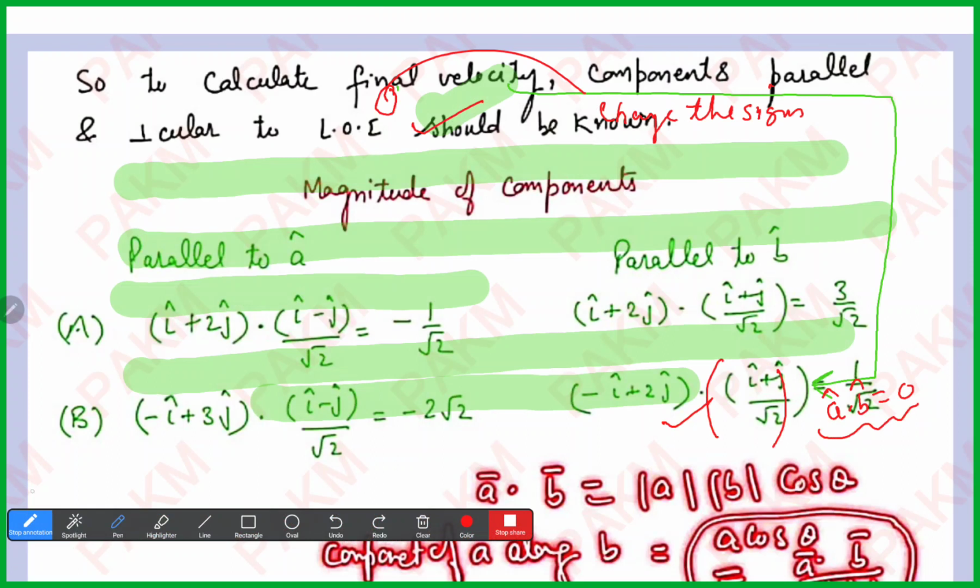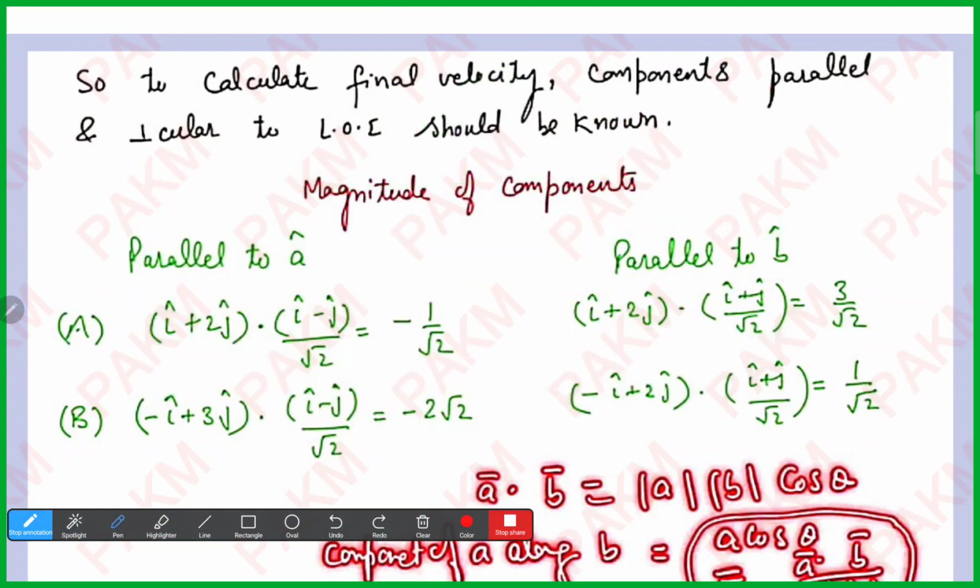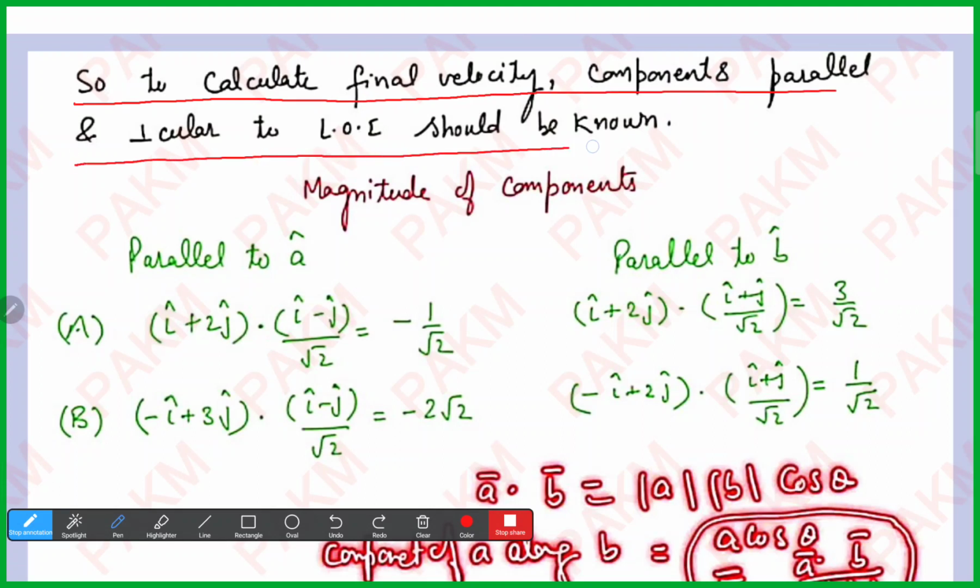Now here what we have done, to calculate the final velocity component parallel and perpendicular to the line of impact, let's say this is where the collision is going to take place, and let's say this is the perpendicular line of impact. Fine. So along it we have already calculated the a cap vector and along the perpendicular the b cap vector.